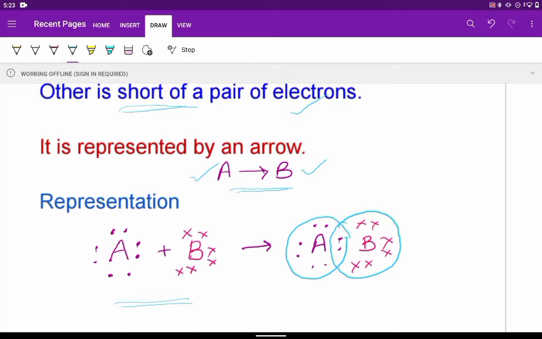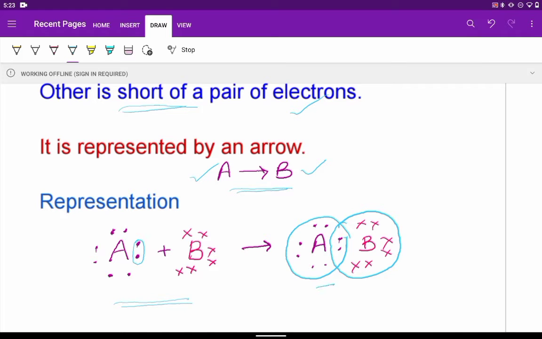You see, if A is an atom, you can see A is having a complete octet. All the 8 electrons are there in its valence shell, and so it can give one pair. This pair it can be giving because its octet is complete. And you can see here B is short of a pair of electrons, so it can be the acceptor.